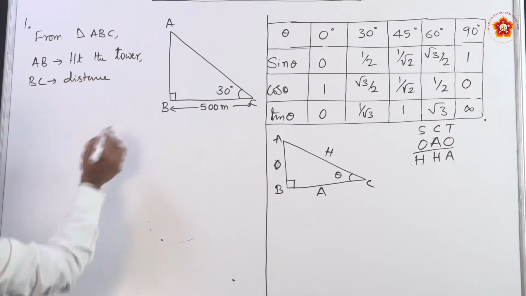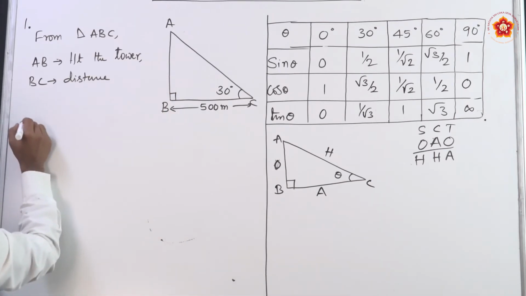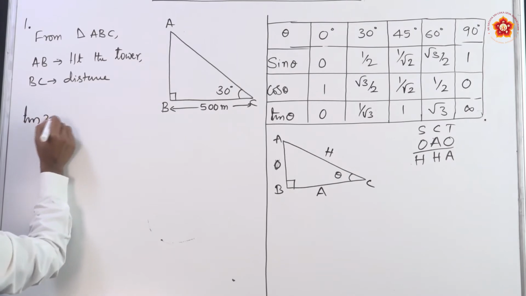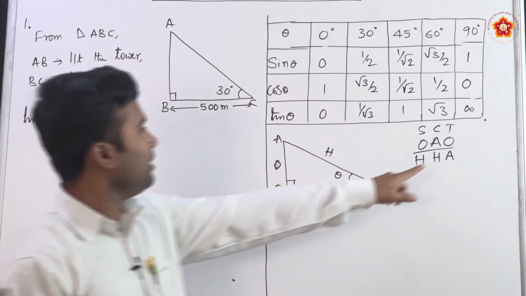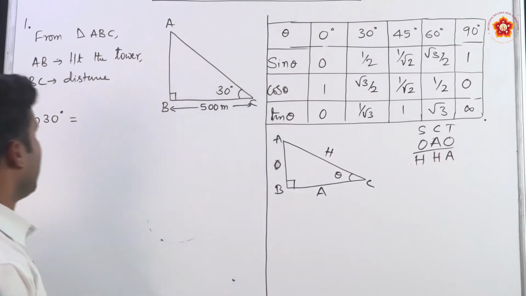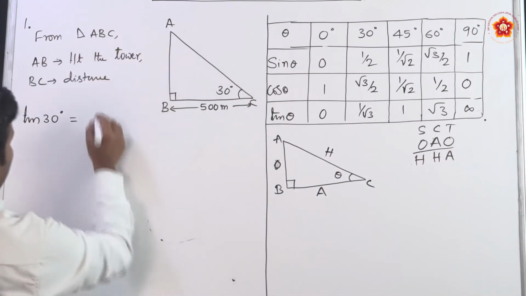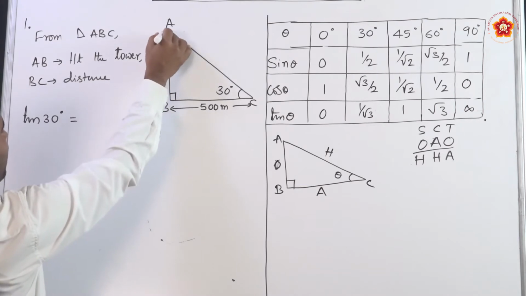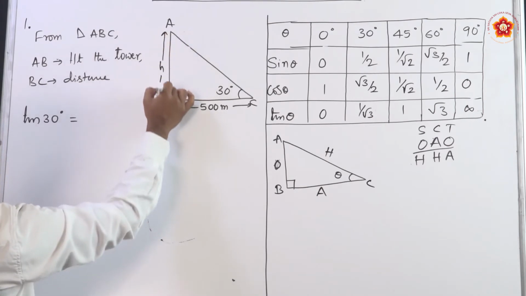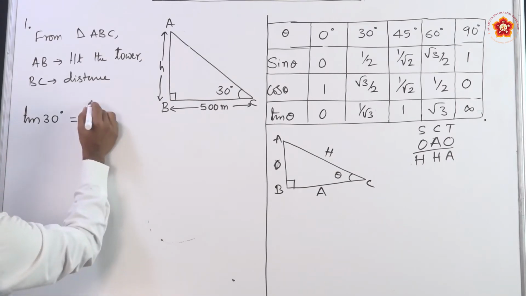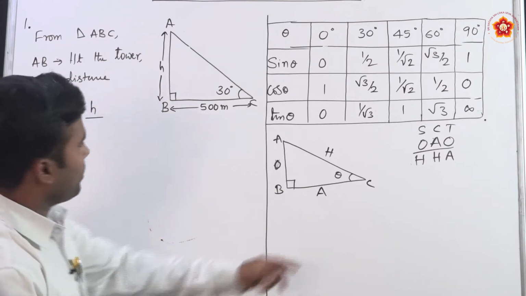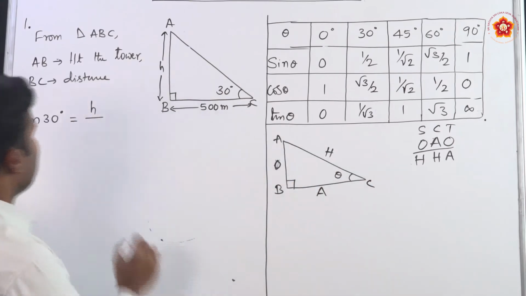So, now I can define tan theta, that is tan 30 degree. What is tan? Opposite by adjacent. What is opposite here? AB, or you can take H. I call AB as H, that is the height of the tower. You can take H divided by adjacent. What is adjacent here? 500 meters.